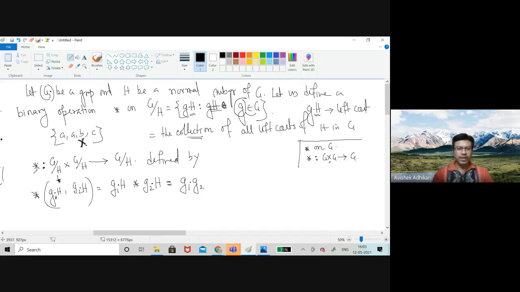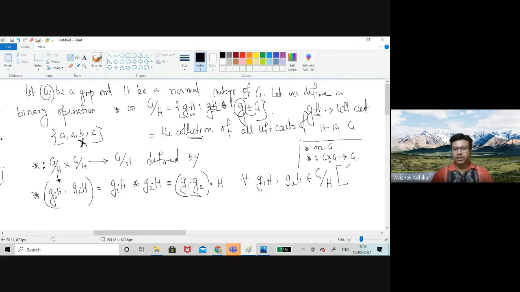You cannot combine with star because star is defined on a set. And then the same dot into H, because this is an element. So now this is also a left coset, because g1 dot g2 may be g, and then gH. So for all g1H, g2H belongs to G quotient H.